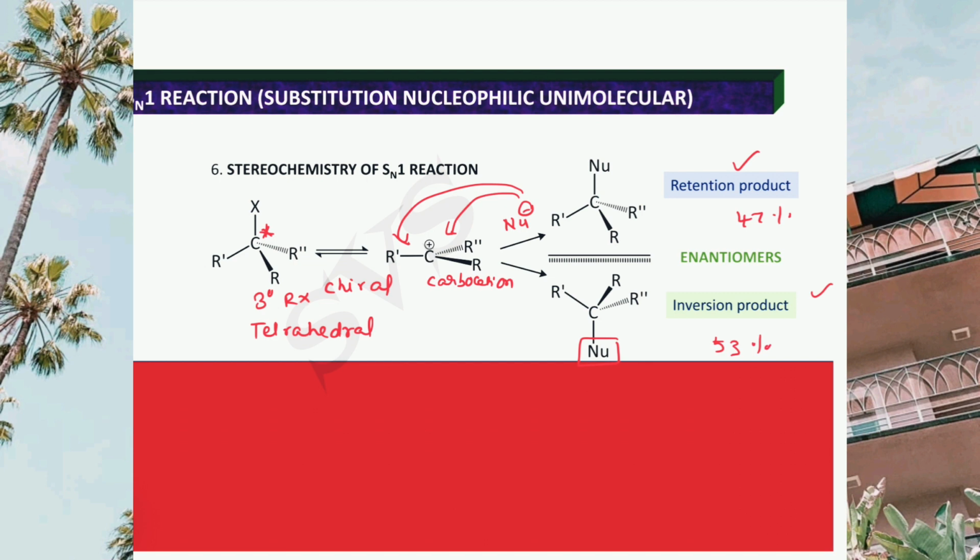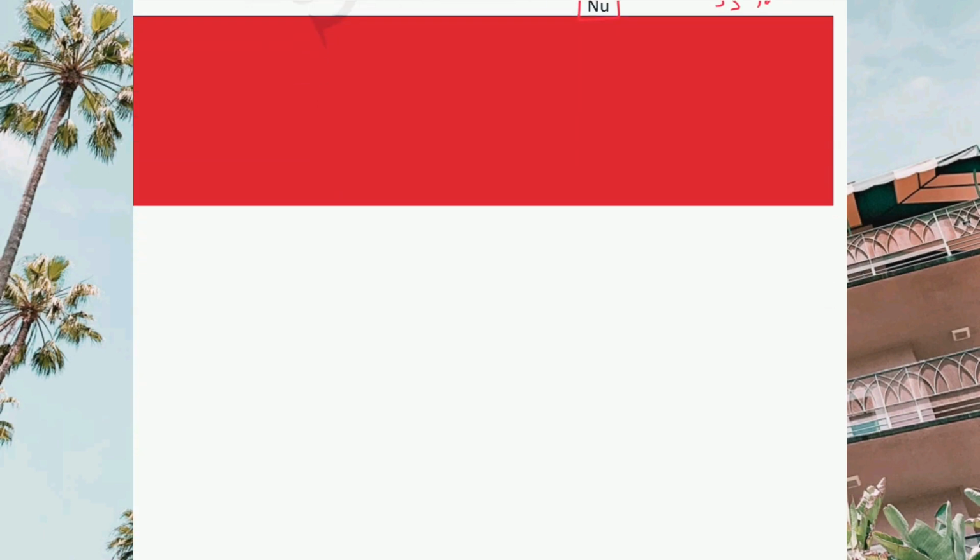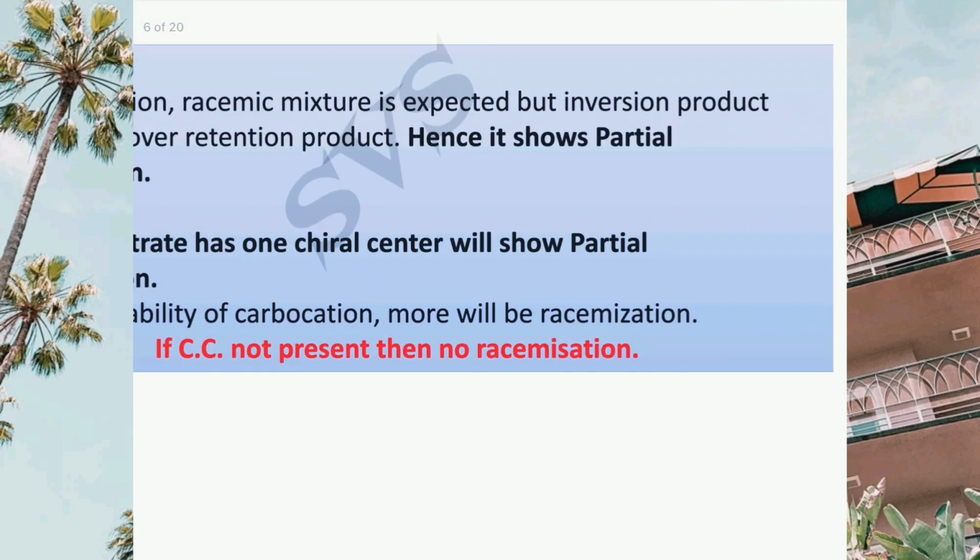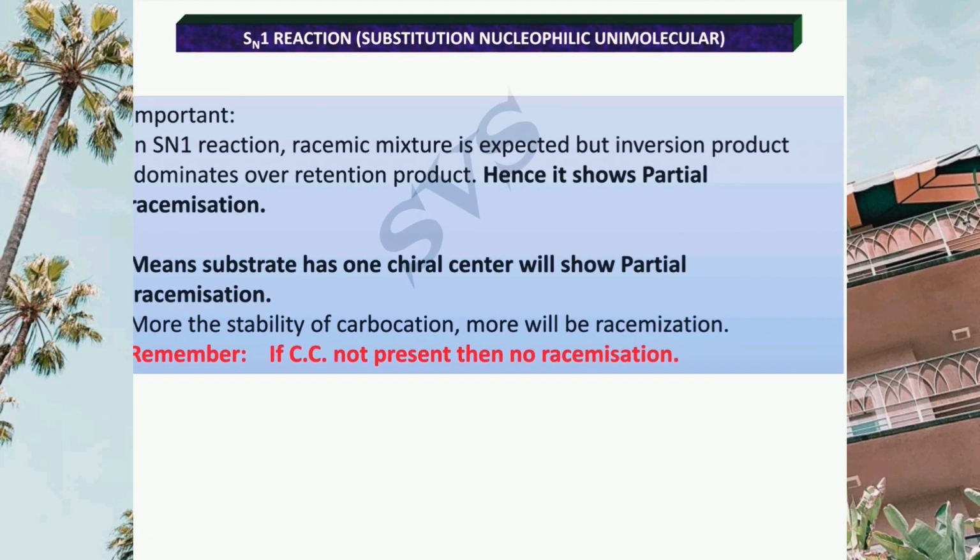Very, very important. It is 100% not a racemic mixture. Inversion dominates over retention. In SN1 reaction, a racemic mixture is expected, but the inversion product dominates. Hence, it shows partial racemization, not 100% racemization.